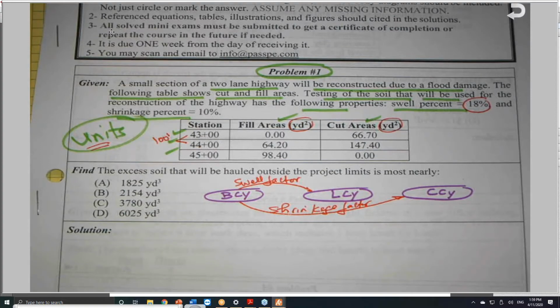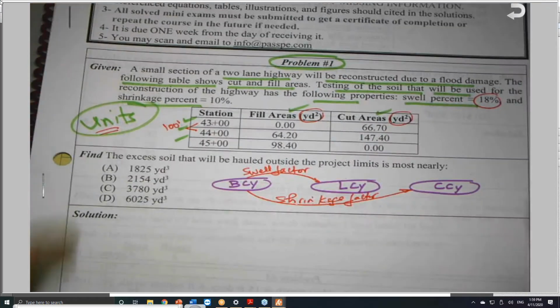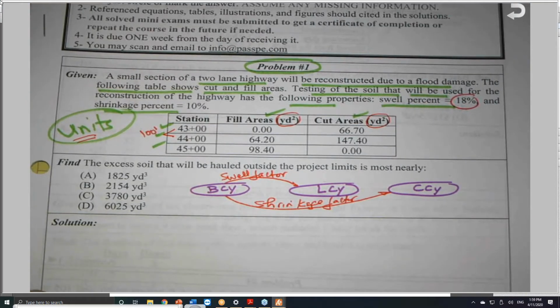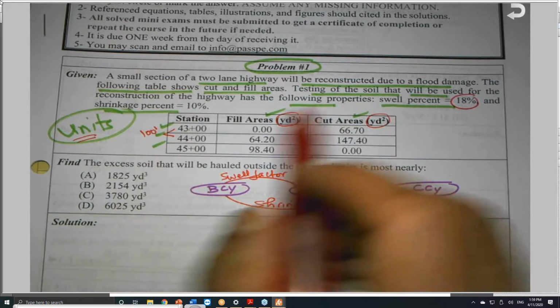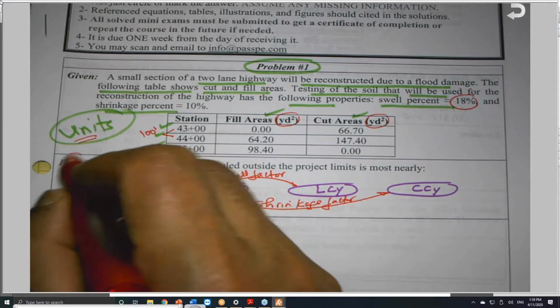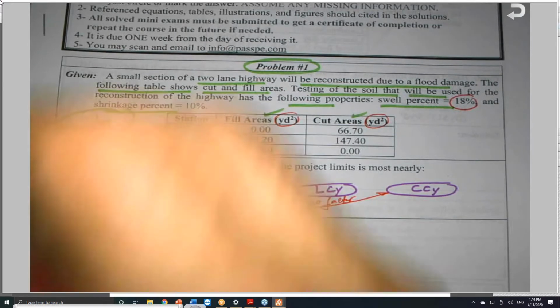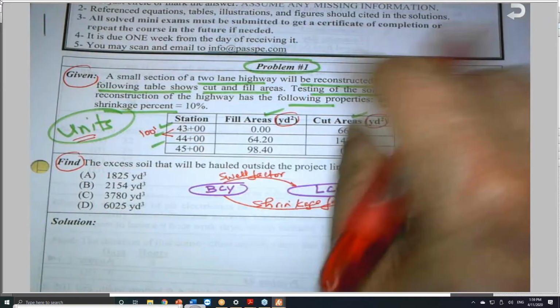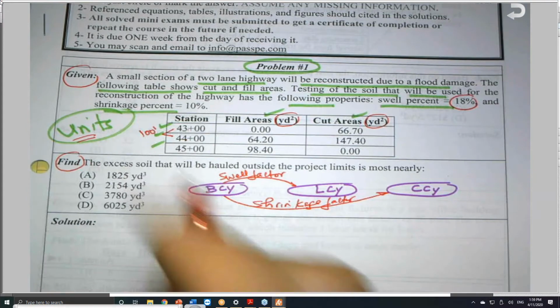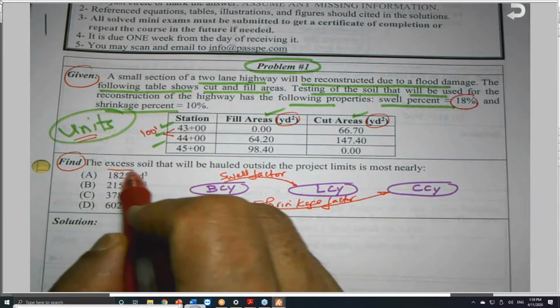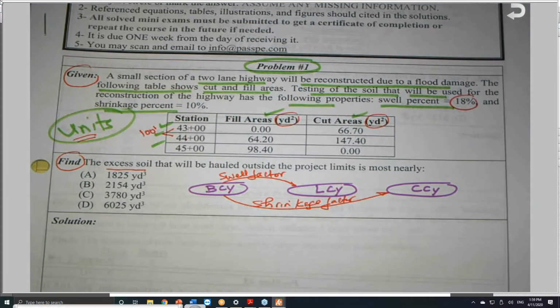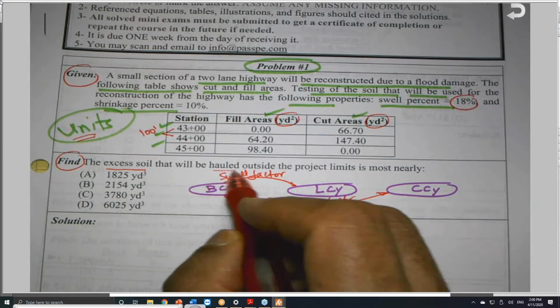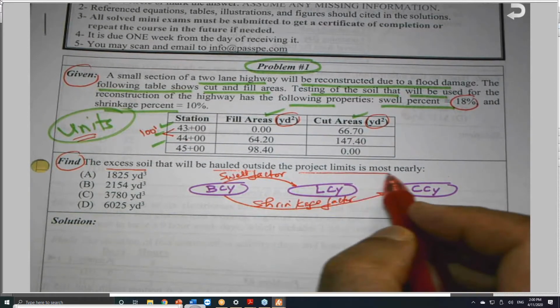So the question: given, we should understand all the given information. Find what? Find the excess soil that will be held outside the project limits.